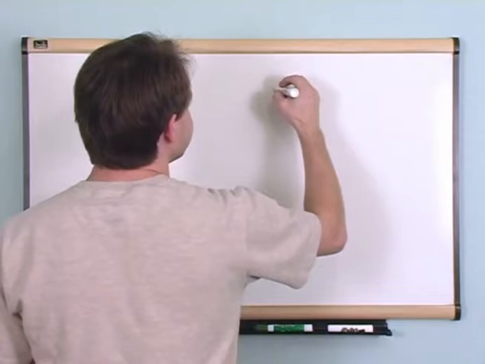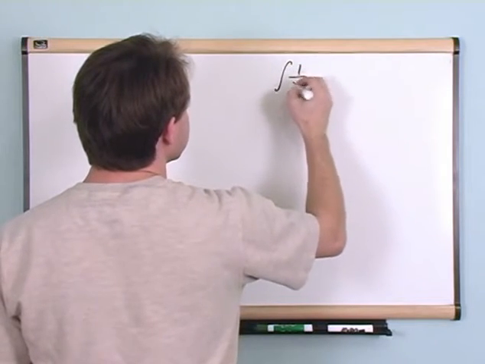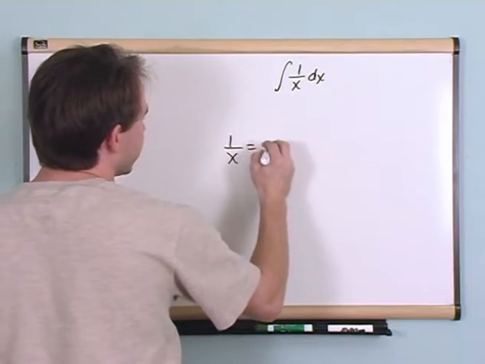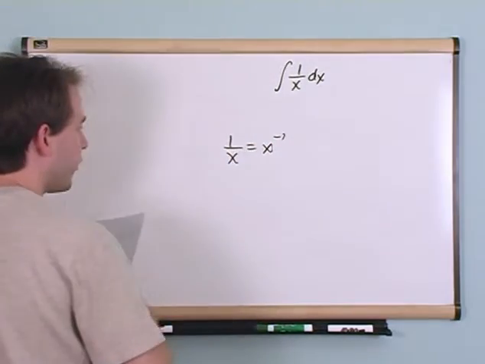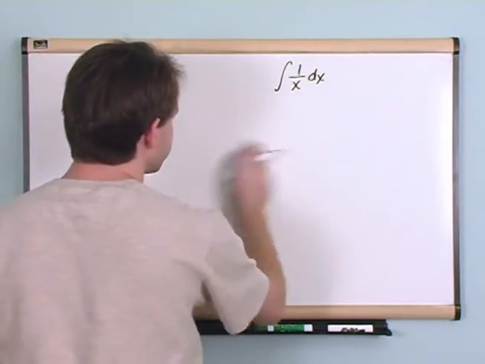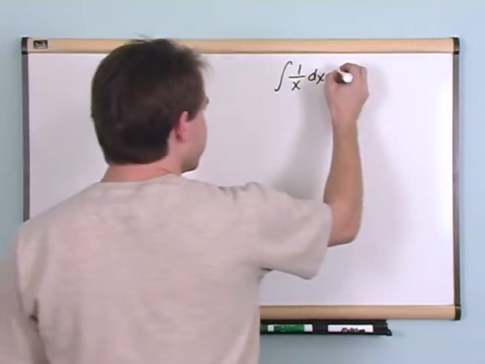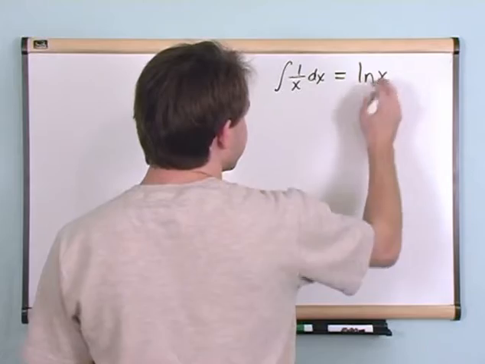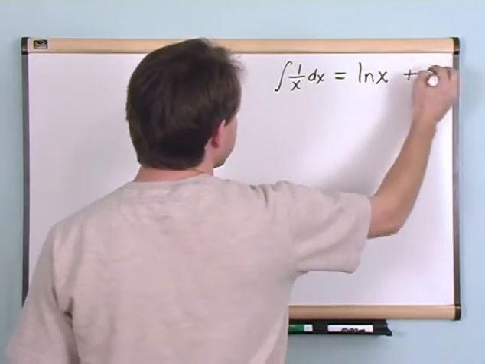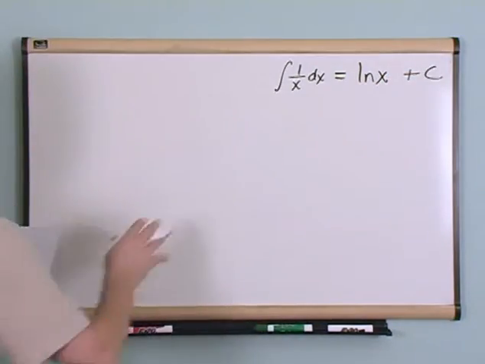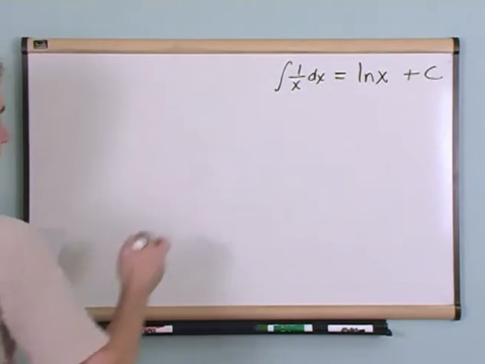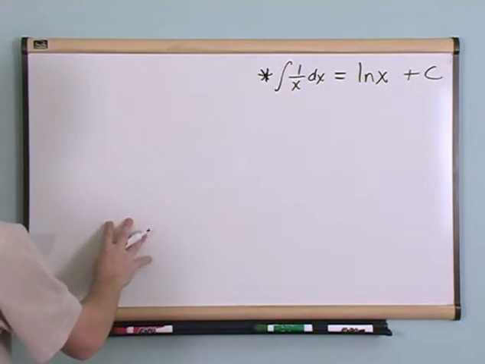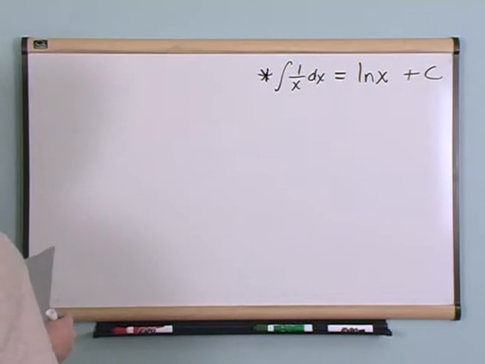The integral of 1 over x dx, and don't forget 1 over x is just simply x to the minus 1, the same problem we were just working a minute ago, is defined by definition to be the natural logarithm of x. And of course you have a constant, just like you do for any integral. So this is something you need to remember. Remember this, it's something that you're going to need to work with on your test.